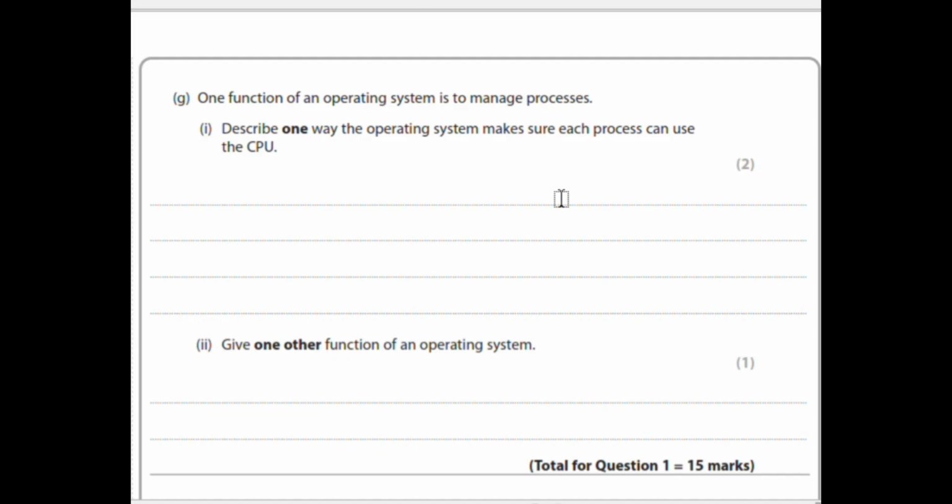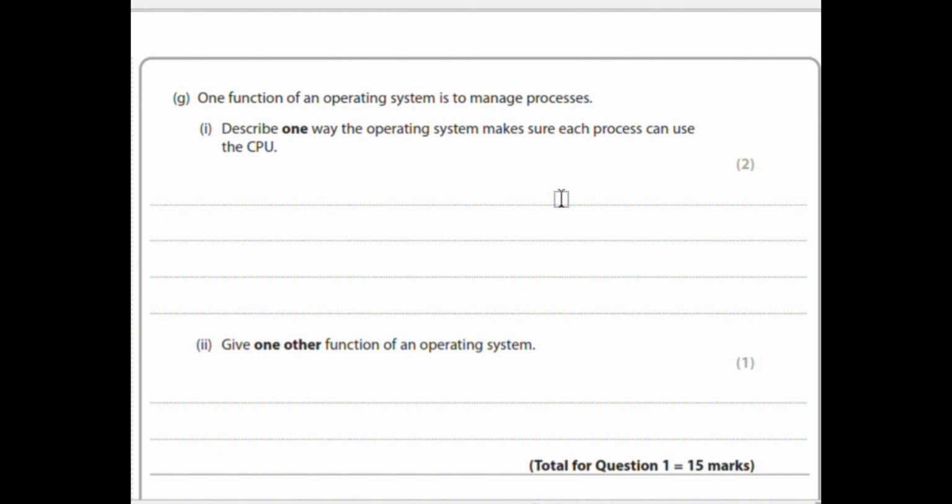Okay. One way to ensure that the processes share the CPU is what we call scheduling. Scheduling is whereby the OS will schedule and assign time slots to each process. So it will say you are taking this number of seconds or microseconds in the CPU. After that you get out, and another process enters. It takes maybe 2 microseconds in the CPU, gets out, and another.